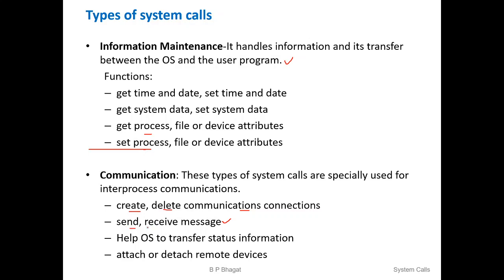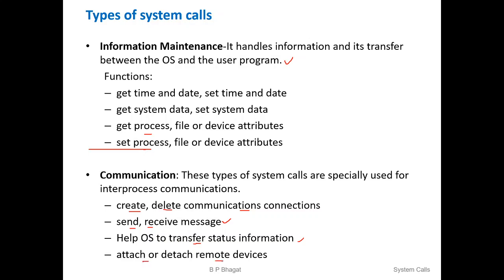So the set of system calls is send and receive message, with the help of which we transmit the data from one process to another. It also helps the operating system to transfer the status information related to the processes. And finally, the set of system calls is attach or detach remote devices.